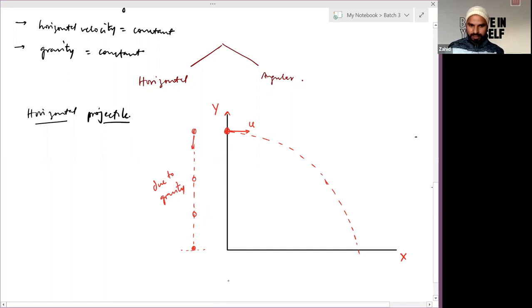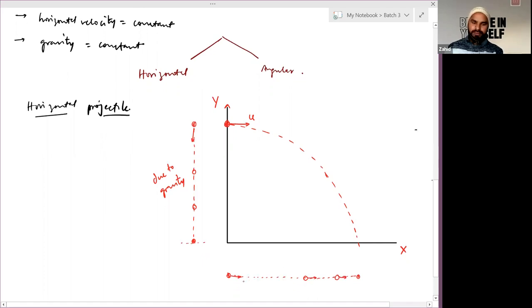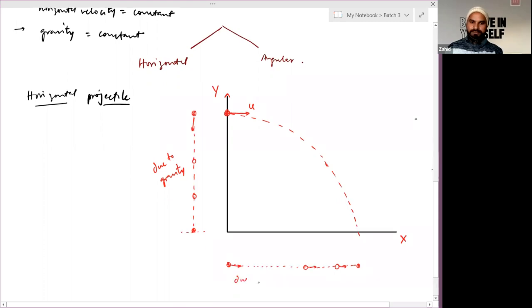And the horizontal path, from this point along this path to finally reach this point, is due to horizontal projection or horizontal velocity.